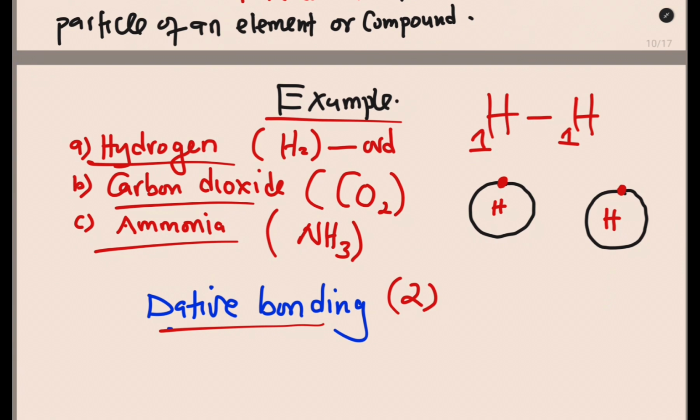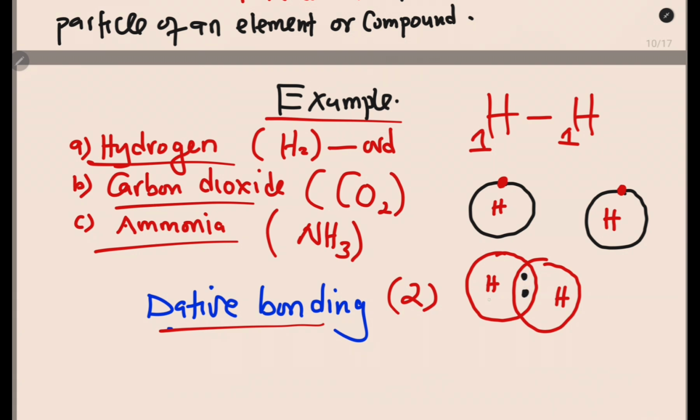So atoms of hydrogen will share what they have. This one has 1, this one has 1. When they put them together, it makes 2, and that is stable. So how do they share? They come together like this. Here you just put up the outside shell or outermost shell. Another hydrogen here. These electrons that they have come in between here.